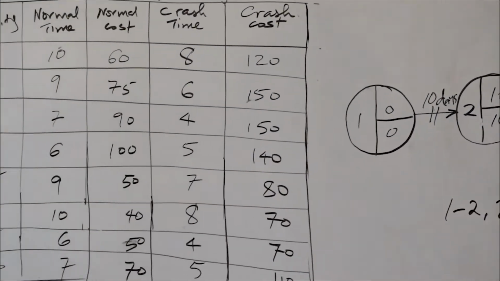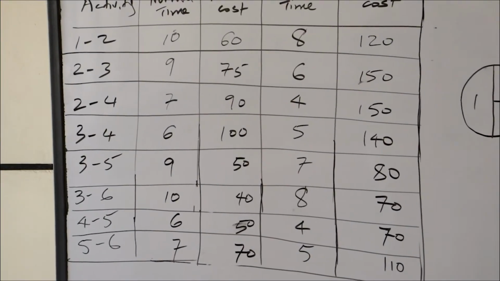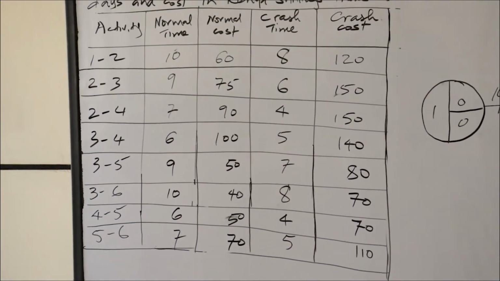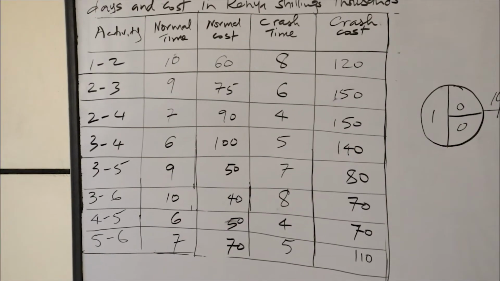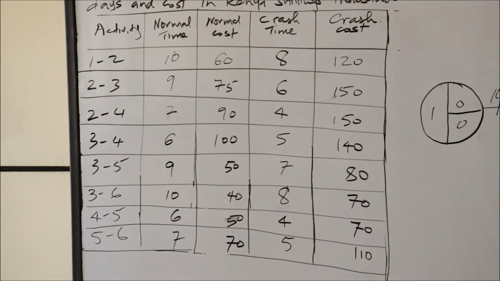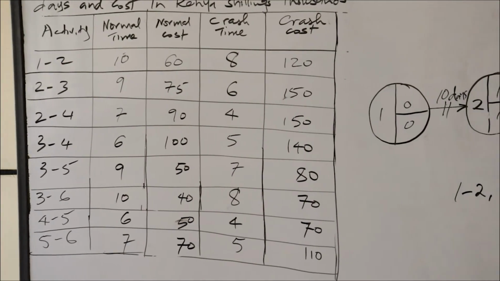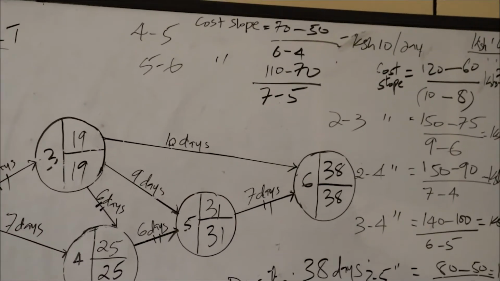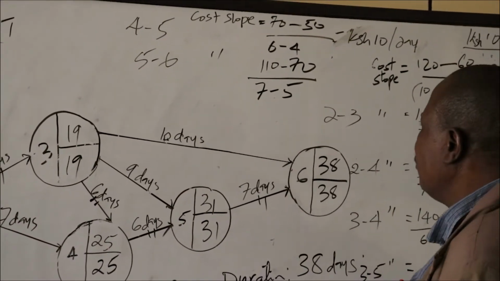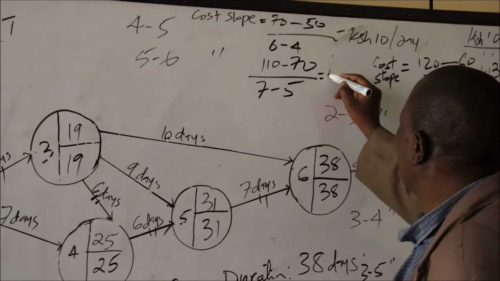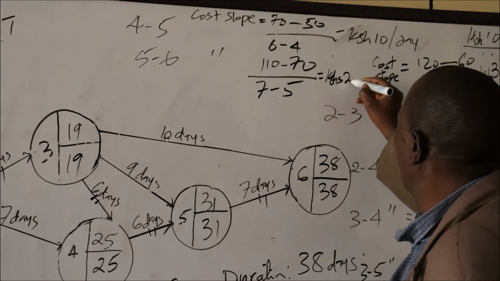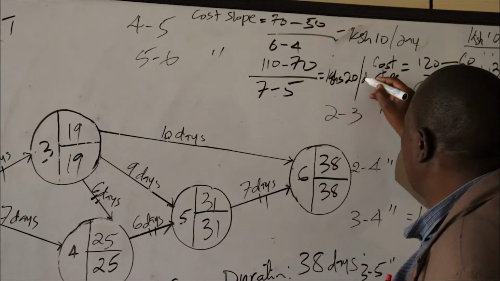Then we have 5 to 6. The cost slope of 5 to 6 is 110 minus 70 over 7 minus 5, which is 40 all over 2, which is Kenya shillings 20 per day.